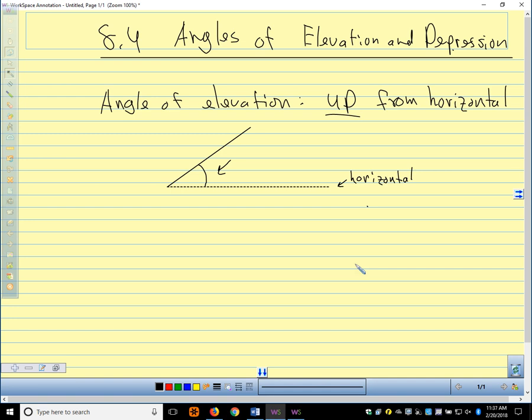Angle of depression is down from the horizontal.